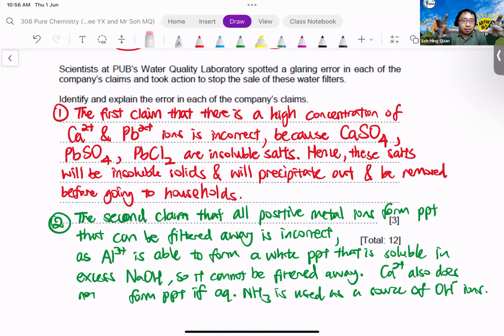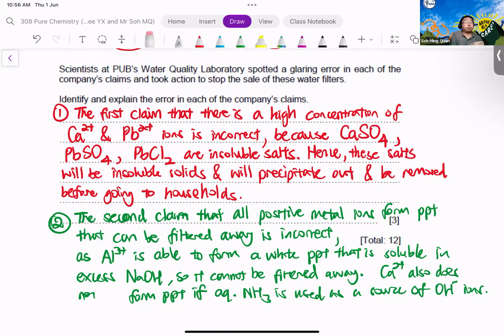Now, the idea is, you realize, this chapter is QA. This question is all about QA. Whether you know something is soluble, insoluble, whether you know something forms a PPT that's soluble in excess NaOH, or whether it doesn't form a PPT in the first place.